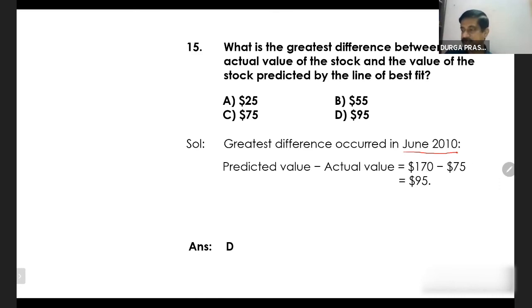So that is 170 minus 75, that is 95. So this is option D. So we take the difference between the values on the line of best fit and the actual value. Please note.